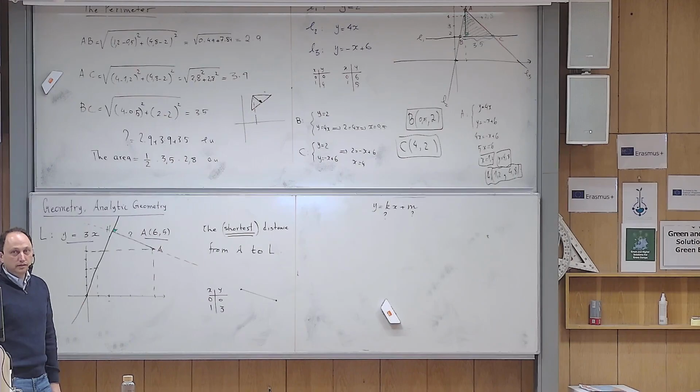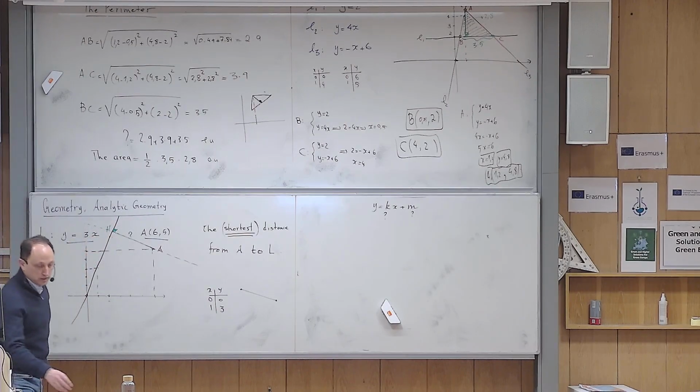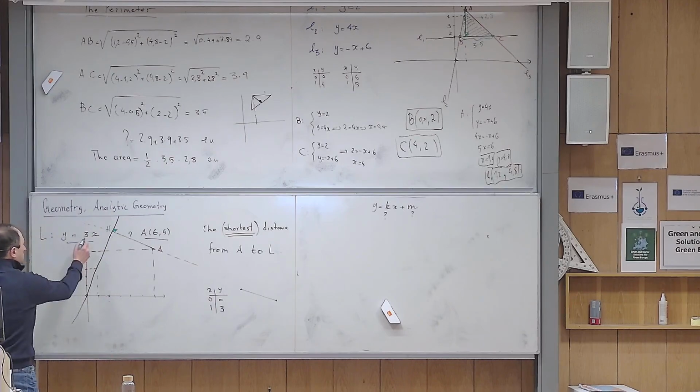Yes? -1/3. Why? Because what is the slope of this line? This is the equation of this black line. So what is the slope? The slope of this line is k number 1 is 3.